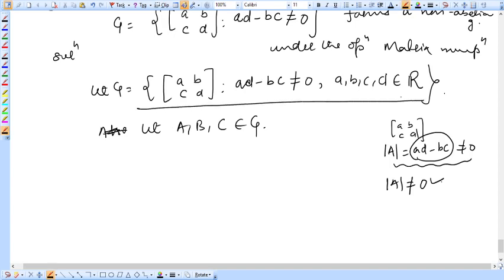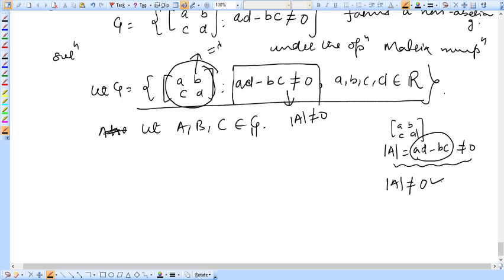This is the set, and we are given here AD minus BC is not equal to 0. It means determinant of A is not equal to 0. Okay, we are having all those matrices in this set G whose determinant is not equal to 0, or we can write this question can be asked in another form, right?